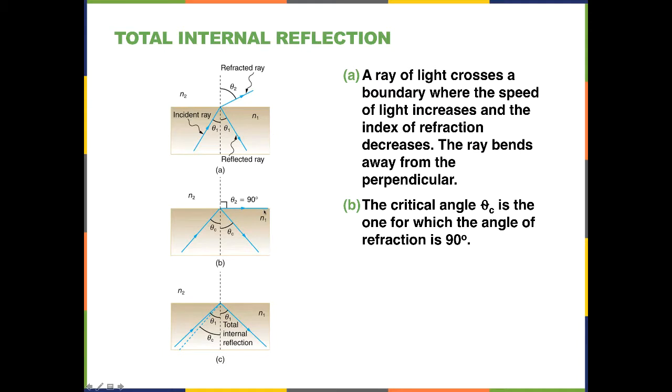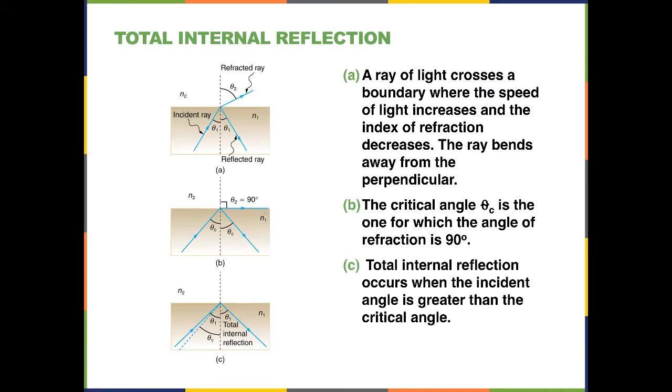It's the angle at which the refracted ray angle is 90 degrees, or the sine of 90 degrees is 1. Anything larger than this critical angle results in what is called total internal reflection. So the sine of the critical angle is equal to 1 over the index of the slower medium.